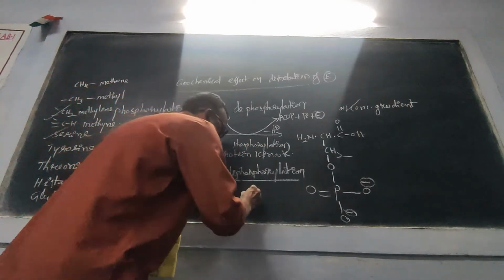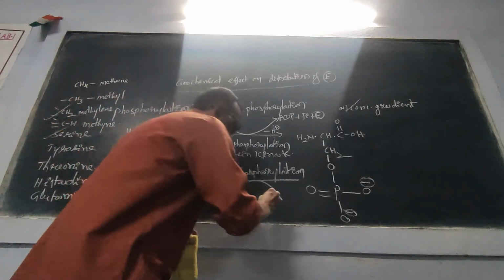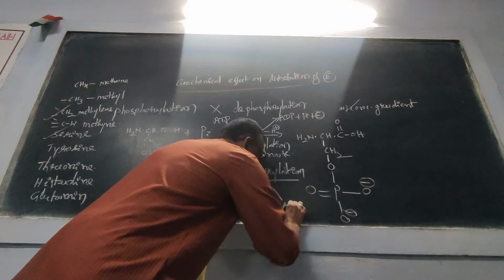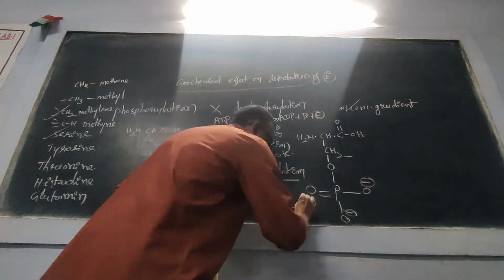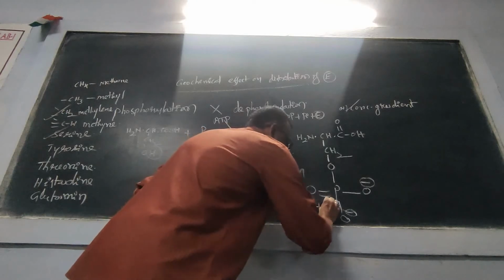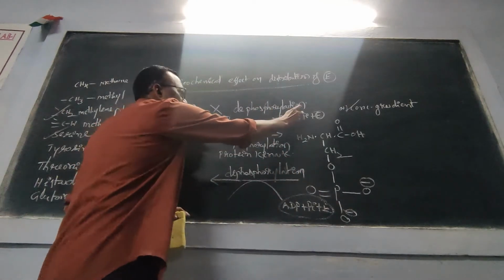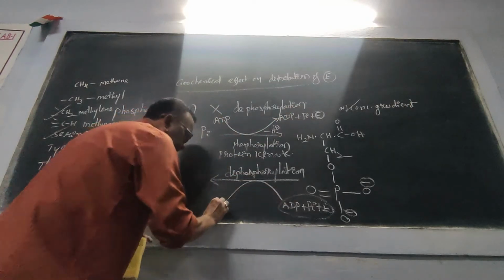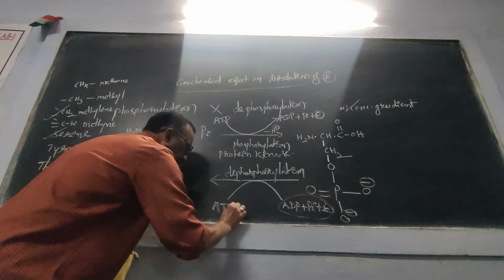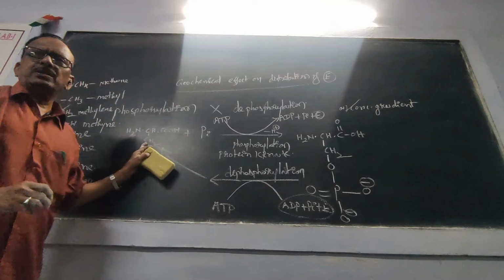Now here also we have to draw this arrow like this. Once again, ADP, adenosine diphosphate, plus inorganic phosphate, plus energy. These three will combine and once again form ATP, giving rise to the protein separately.